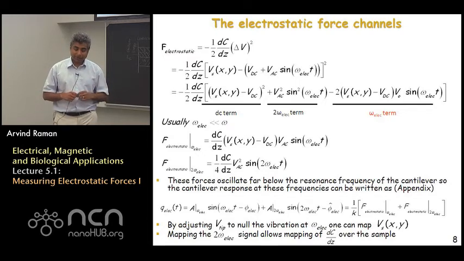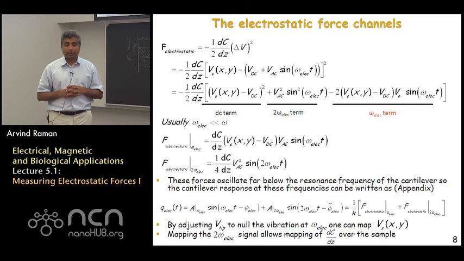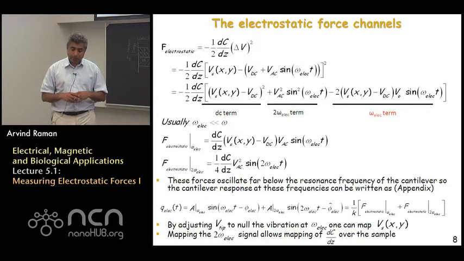One can easily derive, as shown in the appendix, that the tip motion due to the electrical interaction also consists of motion at omega elec and motion at 2 omega elec. The motion at omega elec is basically an amplitude and a phase at the electrical excitation frequency that is picked up in the mechanical motion of the cantilever, and also an amplitude and phase that's picked up at 2 times the omega elec.